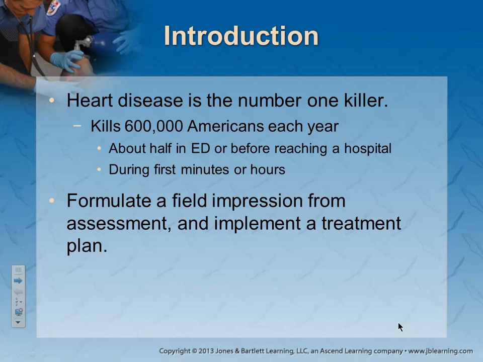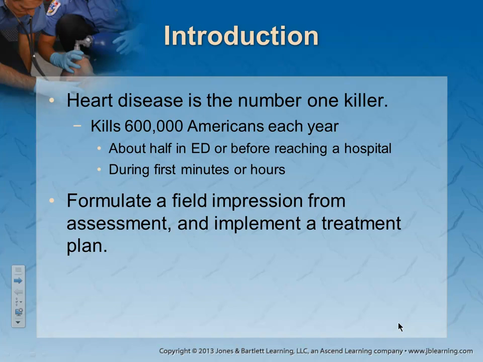But is somebody going to be stricken with a clot in the coronary, the big one, a heart attack, while they're sitting in the middle of the emergency room, or while they're at the hospital, or while they're at the doctor's office? No. I mean, every now and then they might luck up and get to the doctor's office in time. But primarily, it's going to be an acute onset, and we're going to be the ones taking care of them, right?